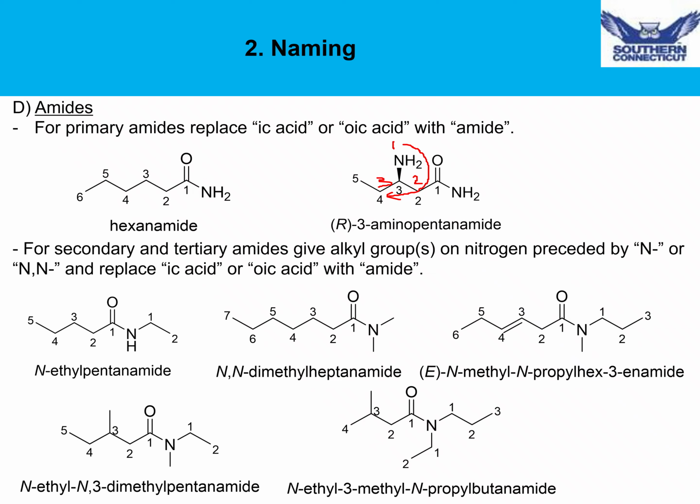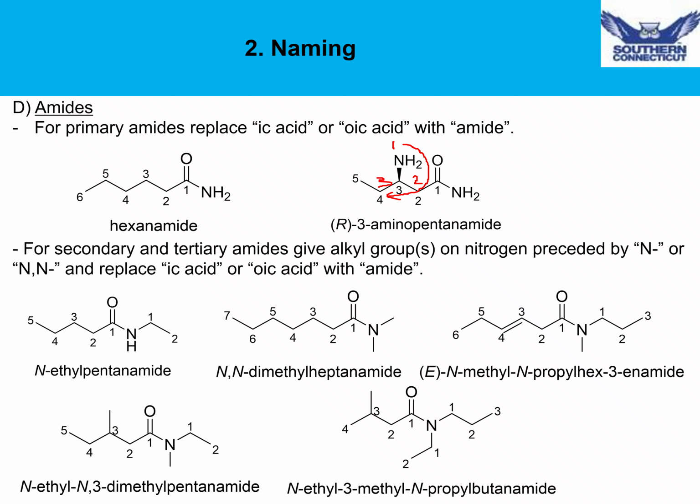For secondary and tertiary amides, it gets a little bit more complicated. When it comes to secondary and tertiary amides, we have alkyl groups attached to the nitrogen of the amide. We indicate those groups with the locant N, a capital N, which tells you that you have an alkyl group on the nitrogen of the amide.